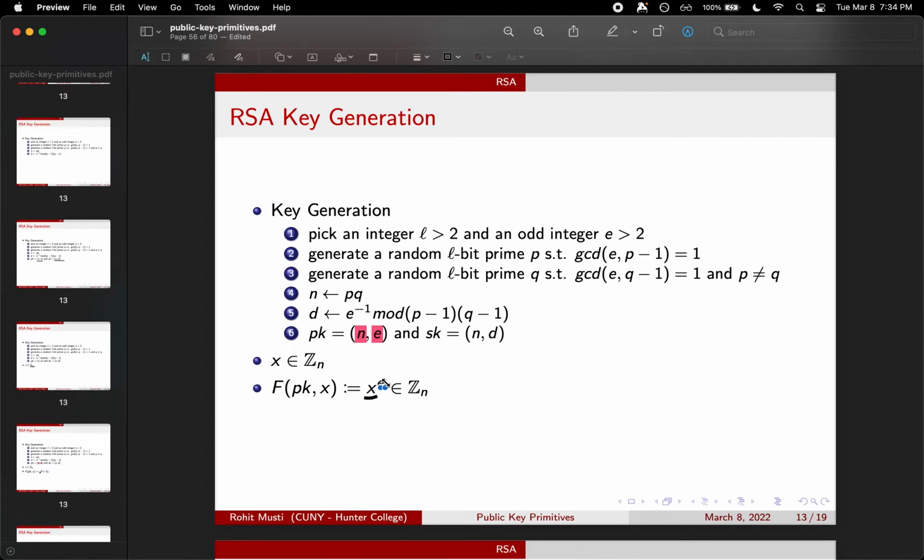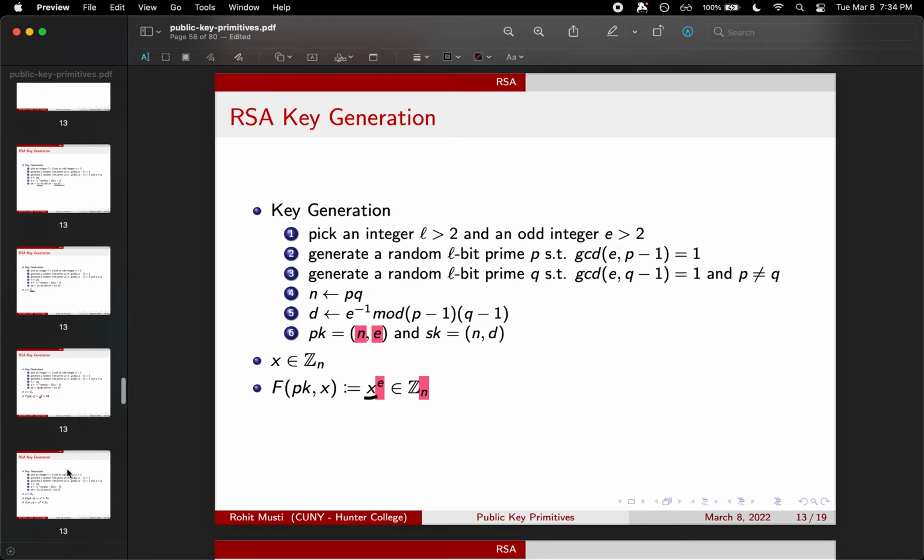We have e here, and we have n here. So that's the public key being used. And the inversion uses the secret key, which is n comma d. We take the value y and raise it to the d, and n is also being used.